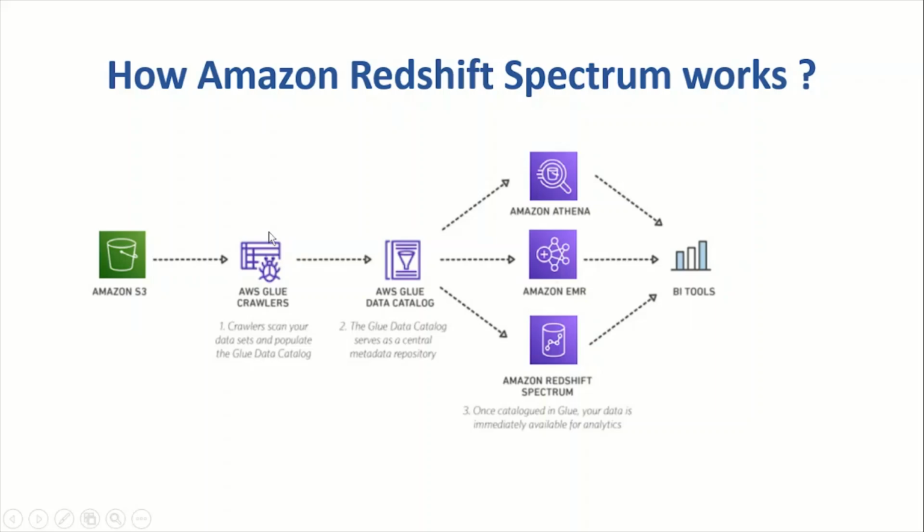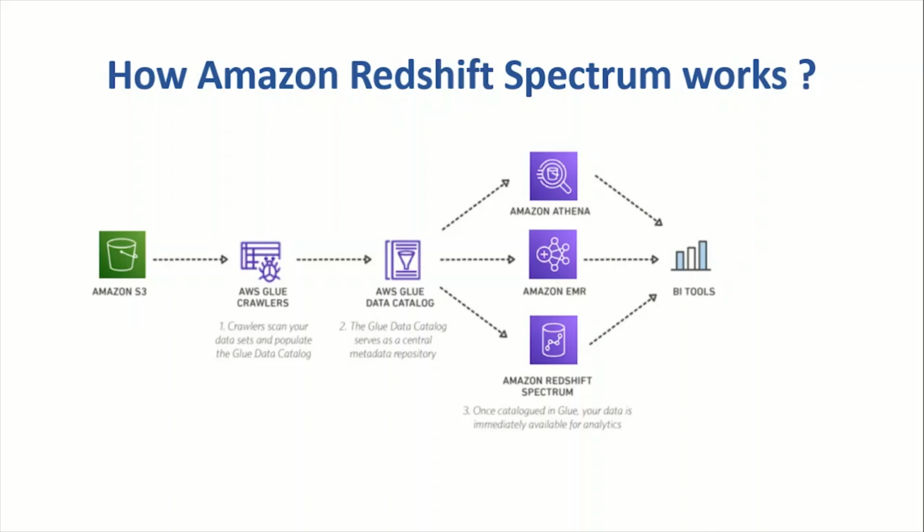Basically, an additional service called AWS Glue is required to facilitate Spectrum's ability to read data from S3. And just for your understanding, AWS Glue is a service which is used for data transformation and data cataloging. In this case, where we want to read data from S3 using Redshift Spectrum, we specifically utilize the data catalog feature only.